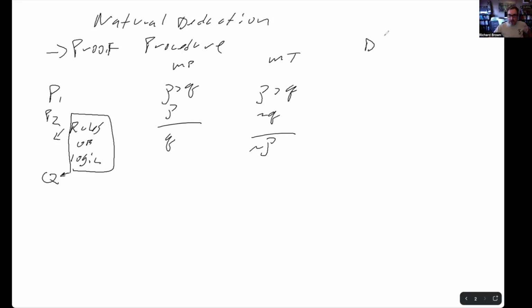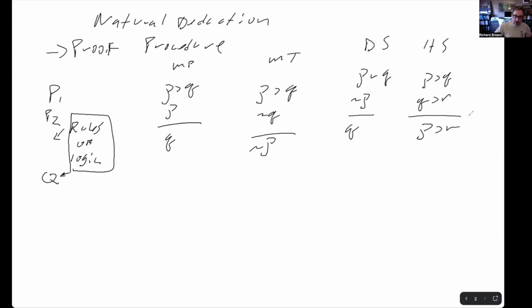And then we also saw disjunctive syllogism, where if you know P or Q and also tilde P, you can get Q. And finally, we have hypothetical syllogism, which says if P horseshoe Q and Q horseshoe R, then you get P horseshoe R. So these are sometimes called rules of implication.